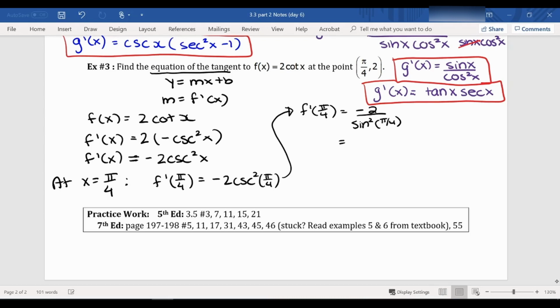And from my special triangles, hopefully if you did your review sheet, you'll remember that sine of pi over 4 is 1 over root 2. So this becomes negative 2 over 1 over root 2 squared, which is negative 2 over 1 over 2, which means that my slope is negative 4.